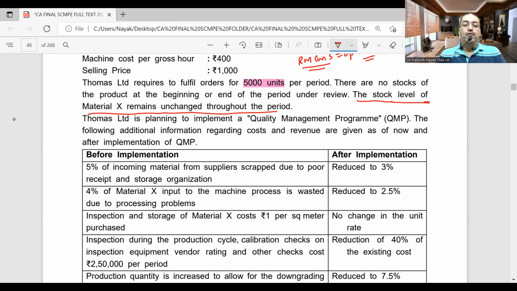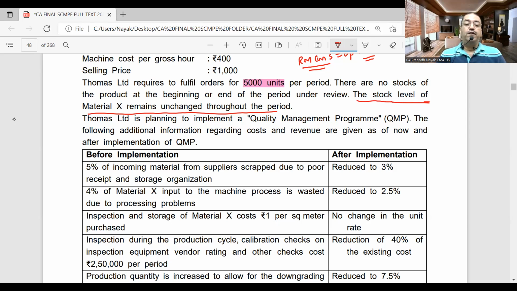Second, 4% of material X input to the machine process is wasted due to processing problems. 4% of the raw material introduced in the process, not purchased. The first one was raw material purchased. The second one is raw material introduced into the process.